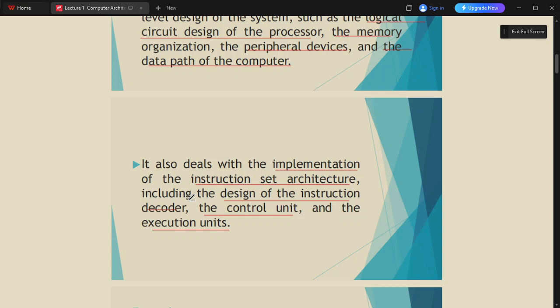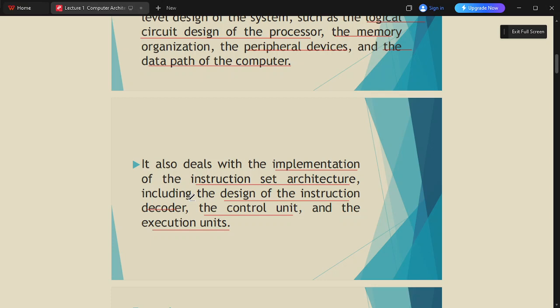Then, talking of the control unit, the control unit directs the flow of data. Think of it like a conductor coordinating what each part of a computer does. So the control unit directs how data flows, and it also coordinates what each part of the computer does. It's more like it organizes every part of the computer.